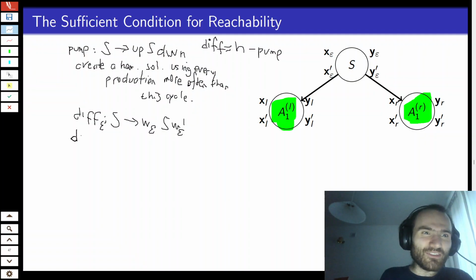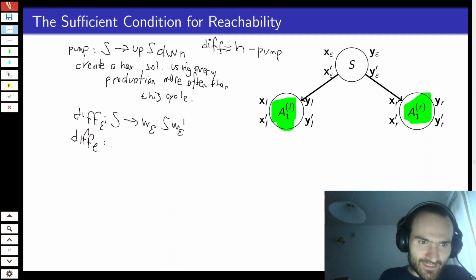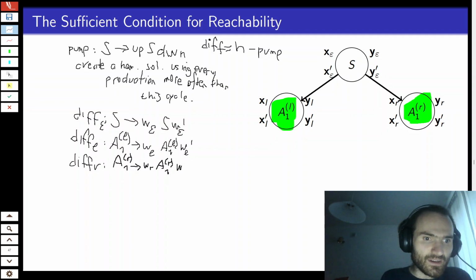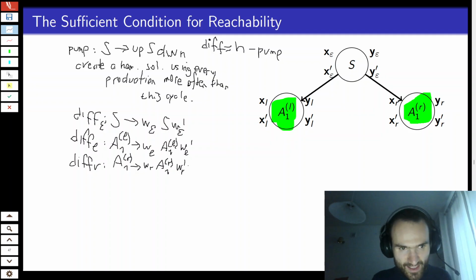Diff has also a diff L, which goes from A1L to WL, A1L, WL prime. And it has a diff R which goes from A1R to WR, A1R, WR prime. Okay.